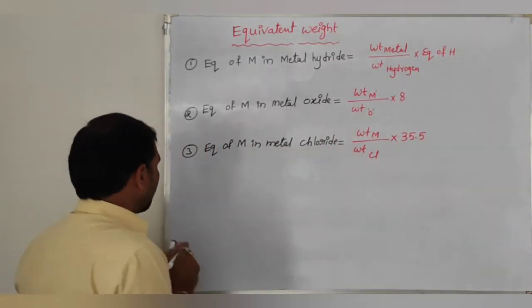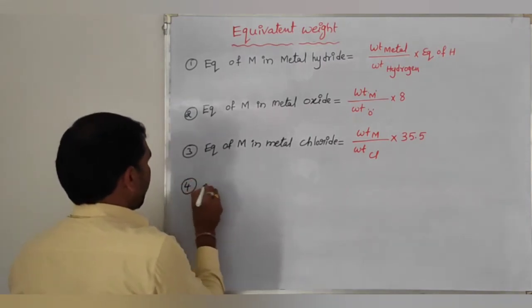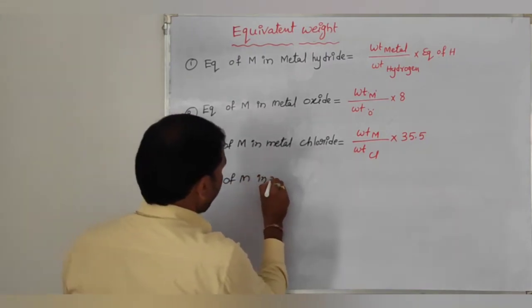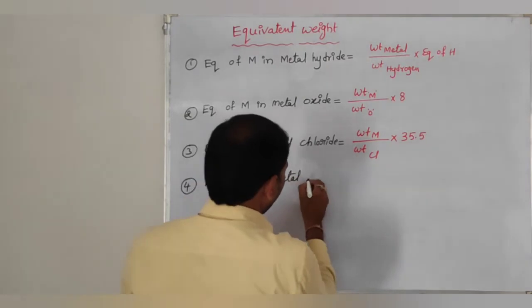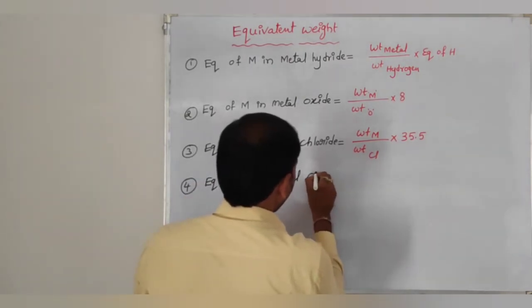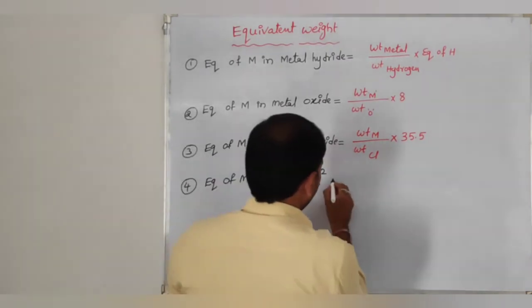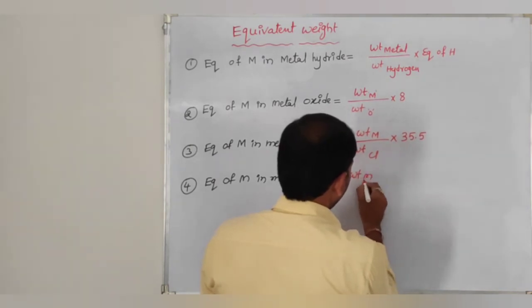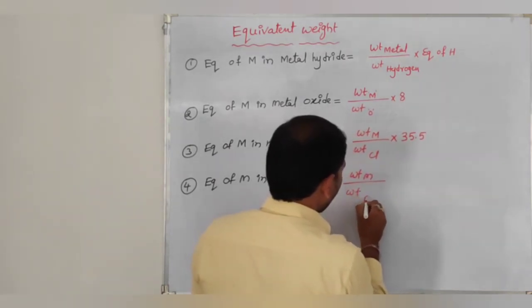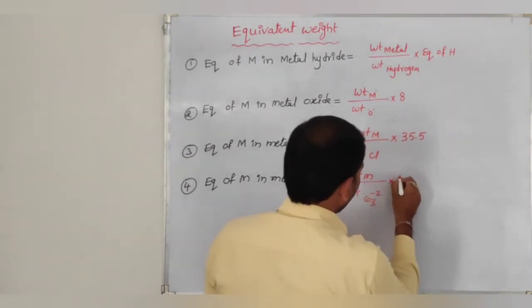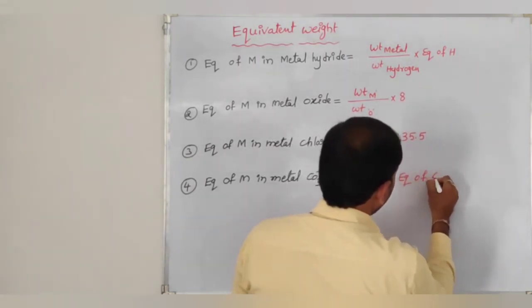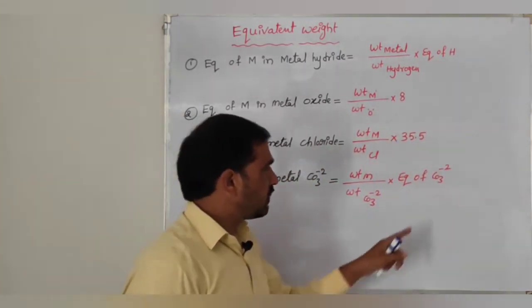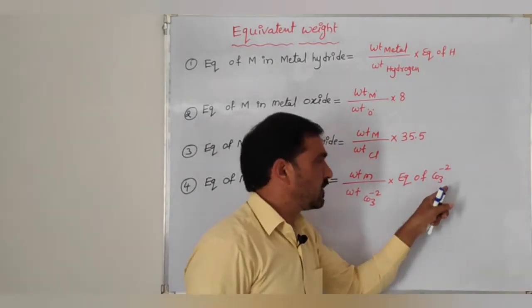Okay, then coming to next, equivalent weight of metal in metal carbonates, that is equal to the same formula, weight of metal, then weight of carbonate CO3 minus 2 into equivalent weight of carbonate. Okay, 12 plus 48, like that we can take, divided by 2.